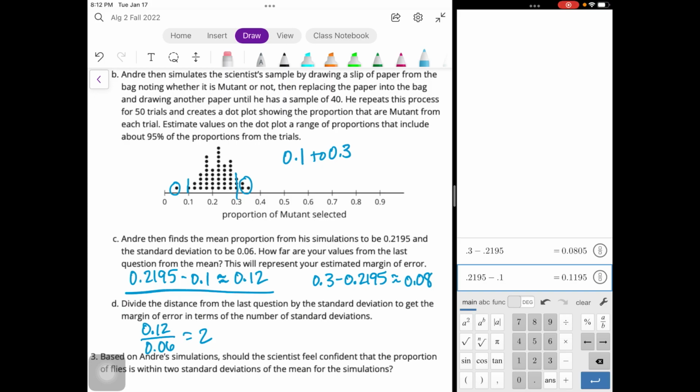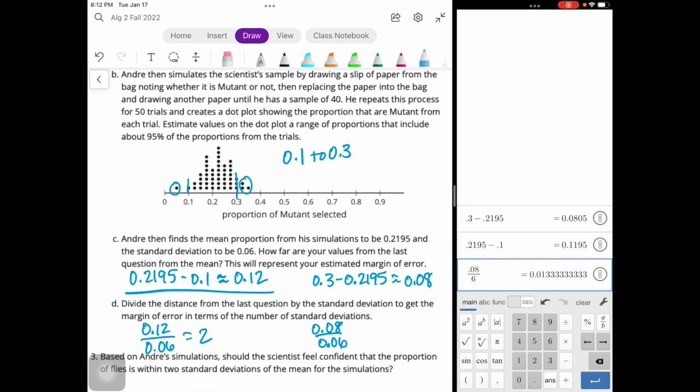That upper limit, though, that 0.3 would be 0.08 divided by 0.06, and so that's about 1.3 standard deviations away. So not quite 2.